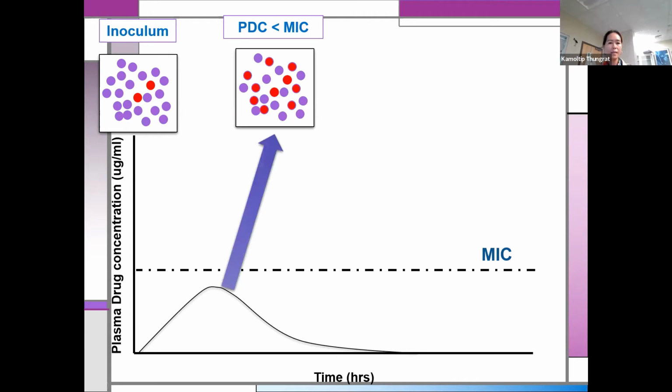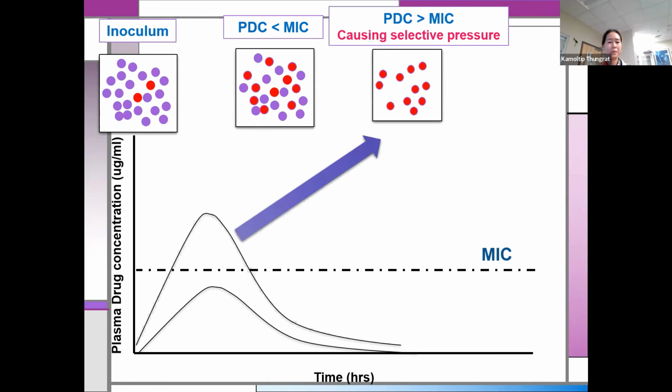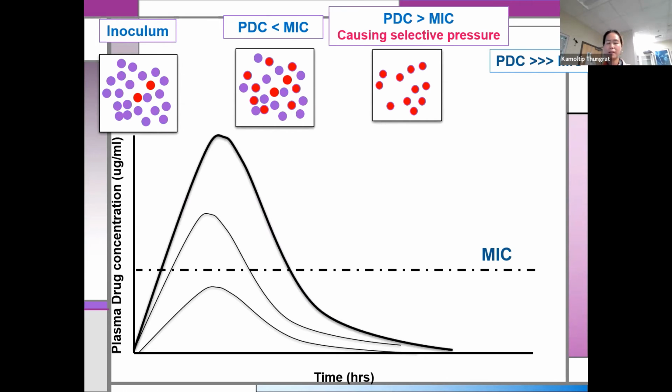Okay, we increase the dose, or do a better job designing the dosing regimen, but it turned out we don't do well enough. We just kill the susceptible bacteria, but we don't kill the resistant bacteria. So we do better by increasing the dose, or maybe shortening the dosing interval.